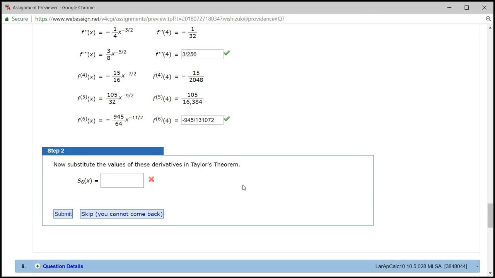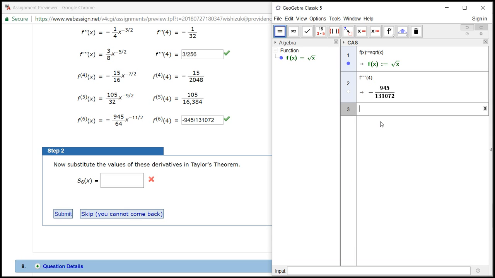All right, let's do part 2. So we want to find the Taylor polynomial of degree 6. We're going to do that using GeoGebra here. So we want to find S sub 6 of x, and we're going to define it as Taylor polynomial. We can just spell Taylor, and there's a suggestion here.